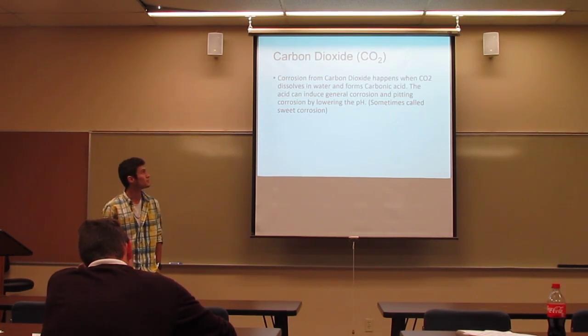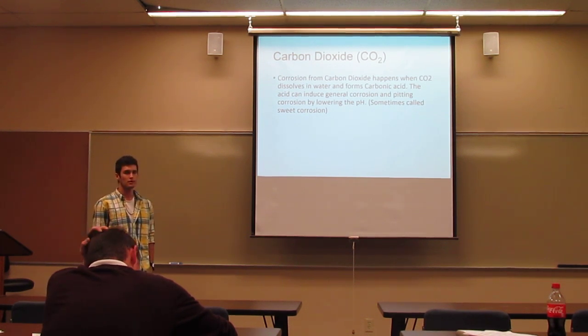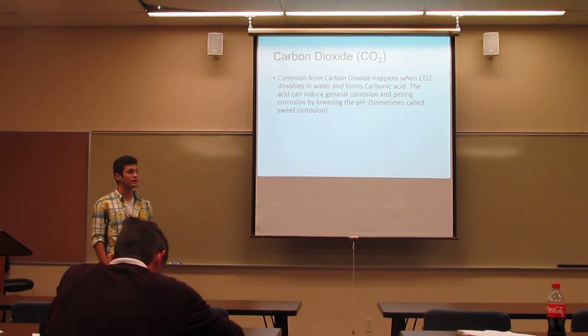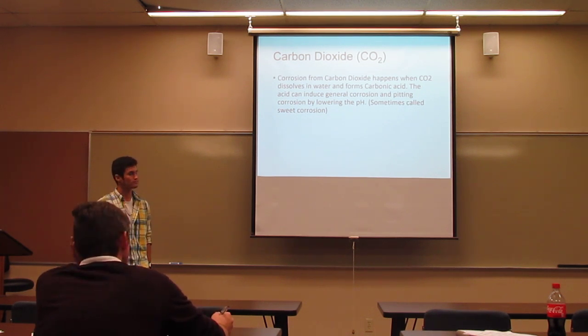Carbon dioxide is going to be the next one. Corrosion from carbon dioxide happens when CO2 dissolves in water and forms carbonic acid. The acid can induce general corrosion and pitting corrosion by lowering the pH, sometimes called sweet corrosion.